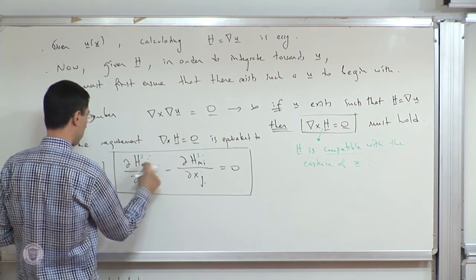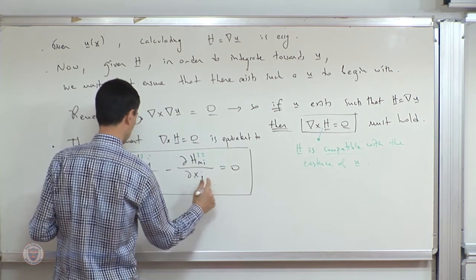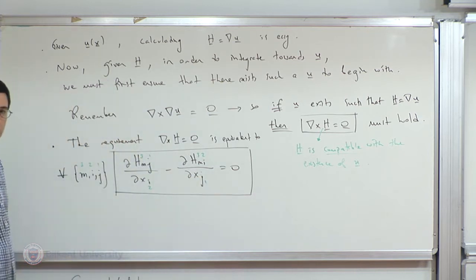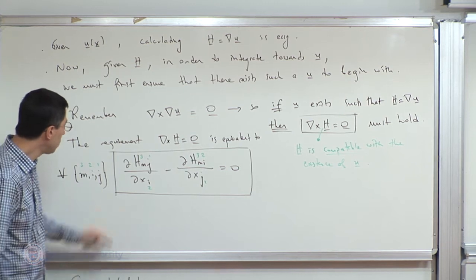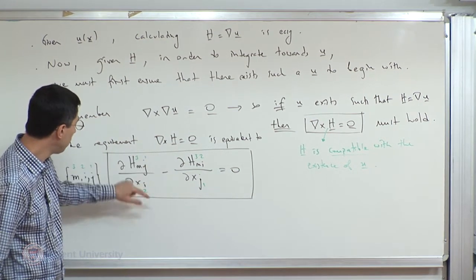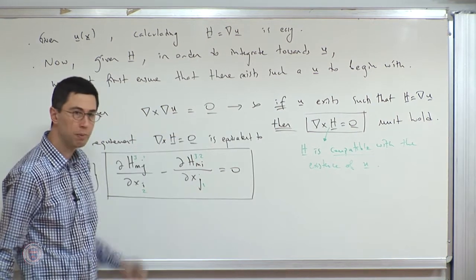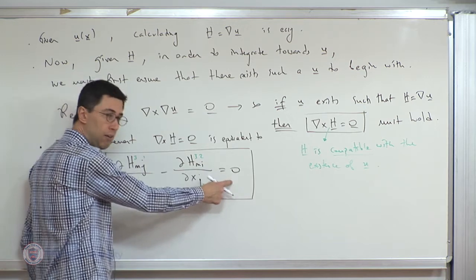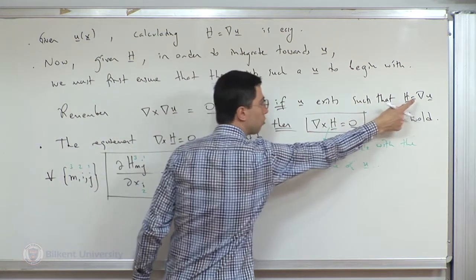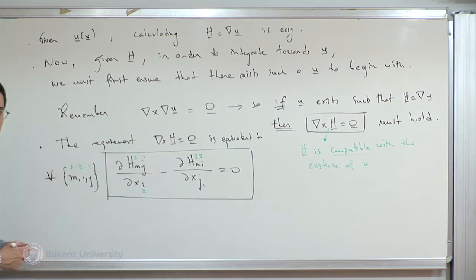In that case, 3, 1, 2, and then here 3, 2, 1. This is not a trivial expression. There is no reason why the derivative of component 3,1 with respect to 2 should be equal to the derivative of 3,2 with respect to 1. Absolutely no reason. But it has to be 0 if I would like h to be associated with the gradient of u. So that's why it is a requirement.